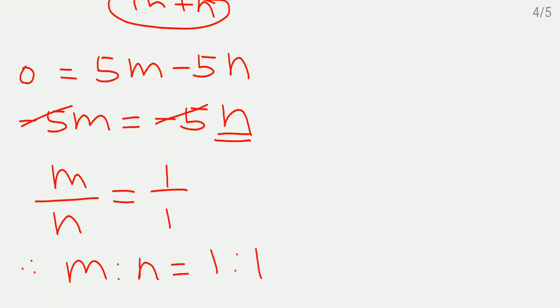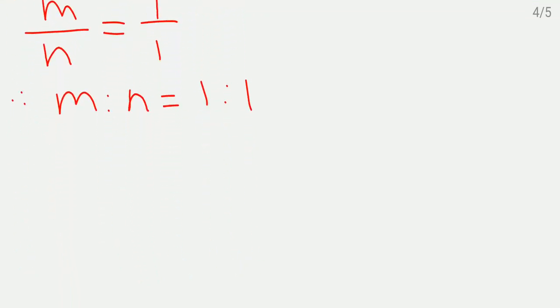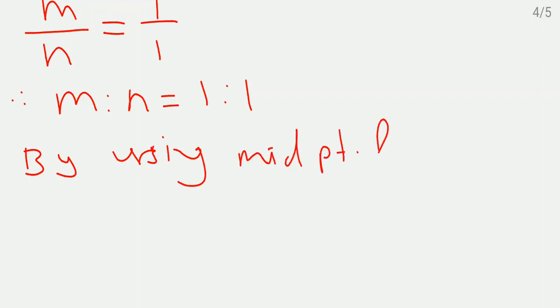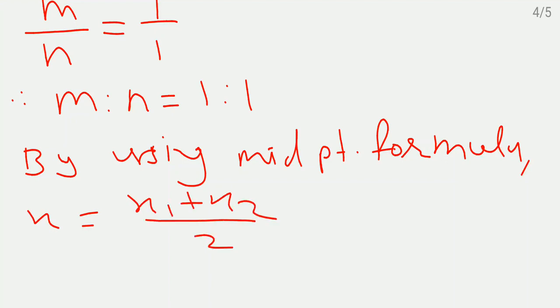It means that point P is the midpoint of AB. So easily I will use the midpoint formula. So I will write down here, by using the midpoint formula, x is equal to (x1 plus x2) divided by 2.